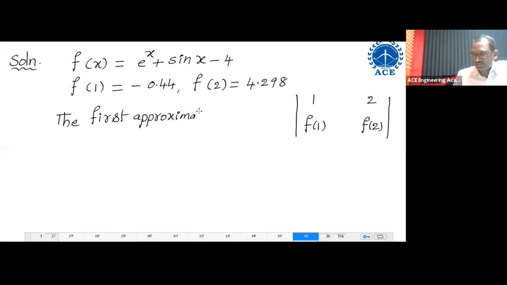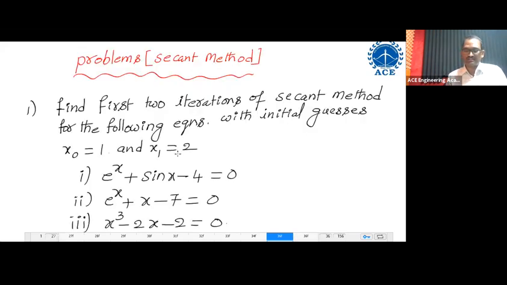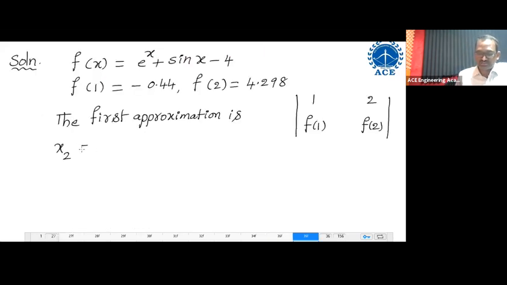The first approximation is denoted by x2, because x0 and x1 are the initial approximations. That is the determinant of this matrix: 1 into f(2) minus 2 into f(1), divided by f(2) minus f(1).